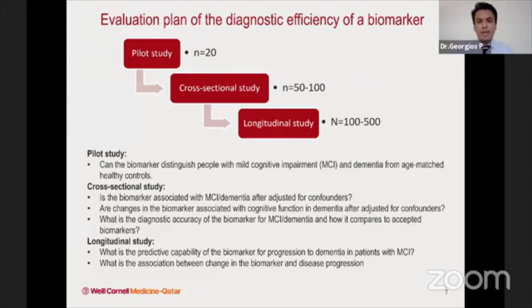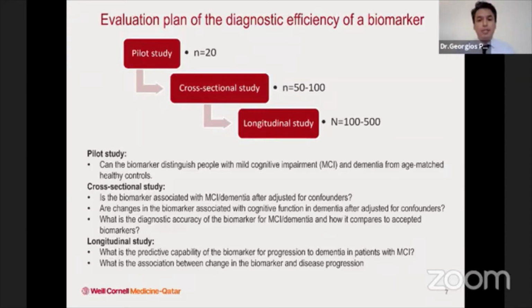And if you find that, after you've adjusted for all the confounding factors, there is still a significant association, then you can also look at whether your biomarker is significantly associated with the severity of the disease, like cognitive function or physical, functional disability.